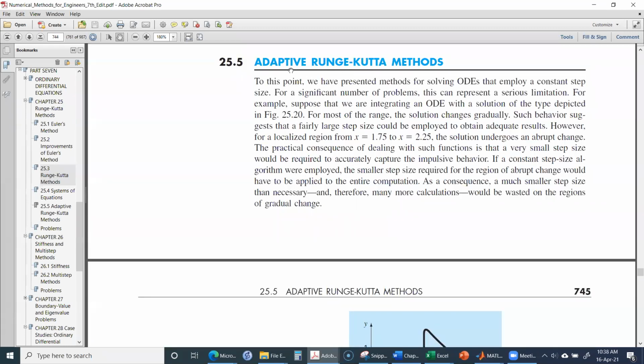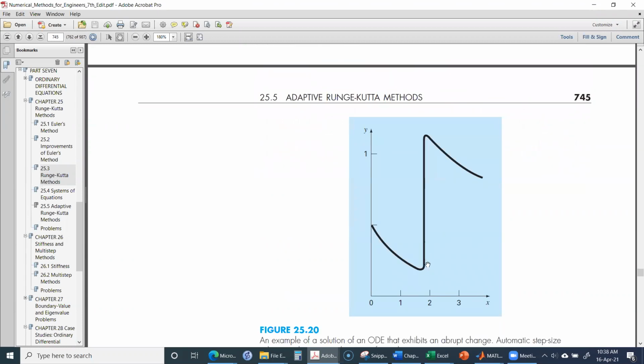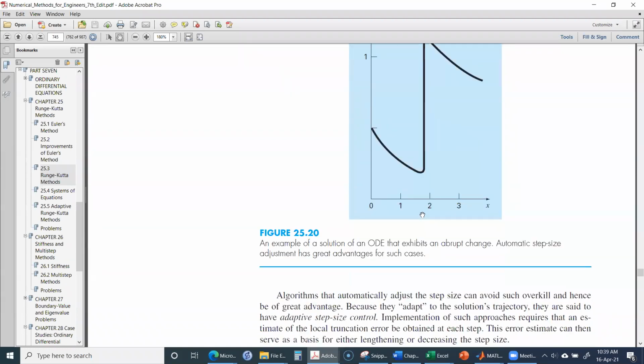The adaptive Runge-Kutta method means that the method will change the step size accordingly. Near those areas where the function is changing rapidly, the step size may be decreased, so that we can find many values to accurately find the value of the function in this area where the function is changing very rapidly.